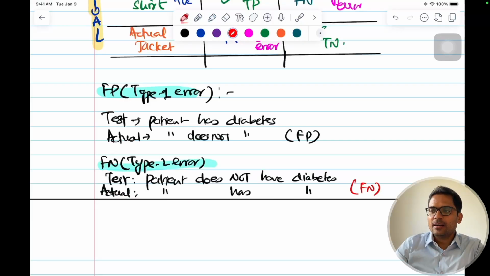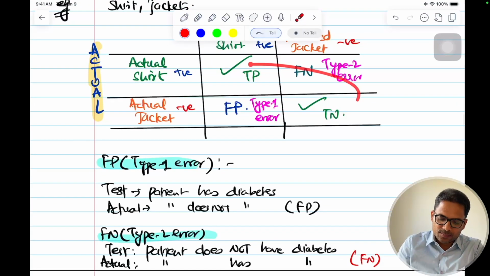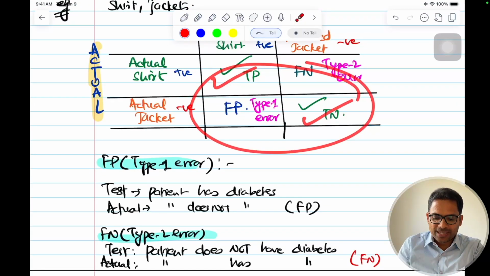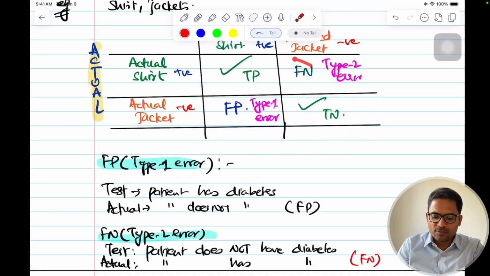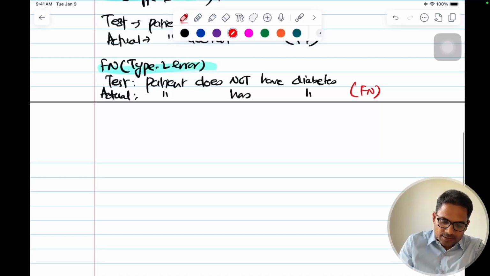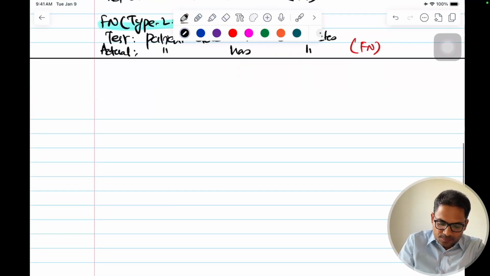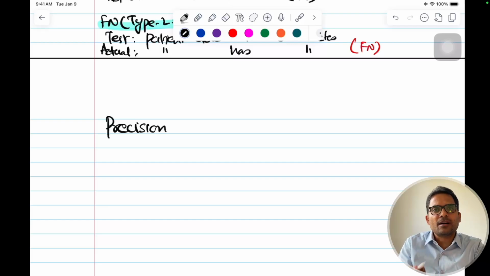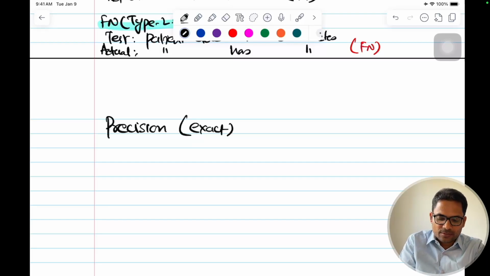If this is clear, let's define some more terms. Everything will be based on true positive, true negative, false positive, false negative. So the next term is precision. Precision literally means how correct or how exact we are with our prediction or whatever claim that we are making.